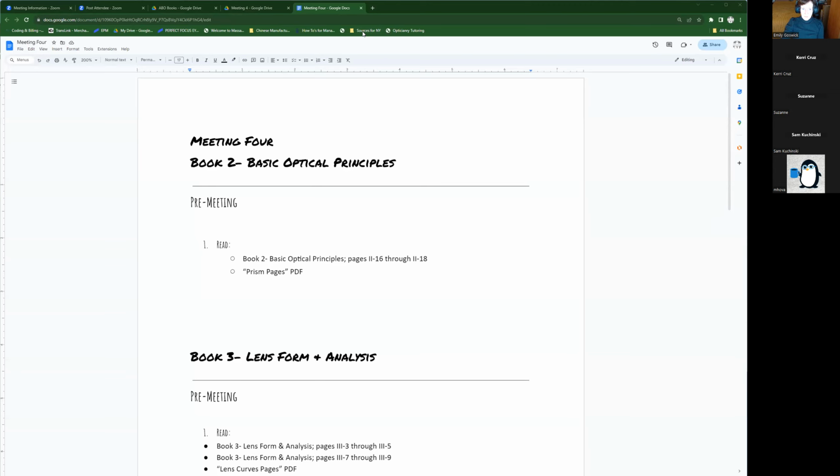Perfect. And I'm going to have my screen up too, so we have something to look at. All right, I think I'm going to get going.